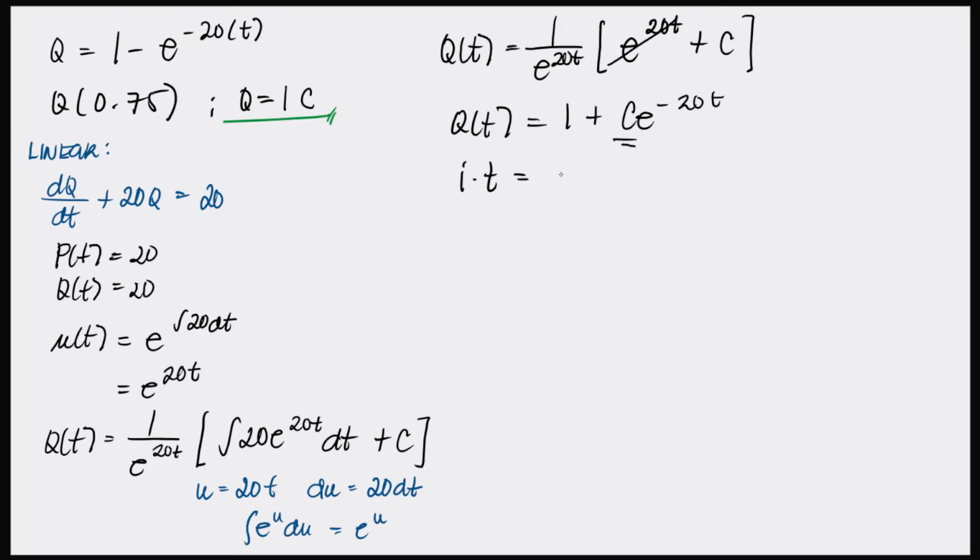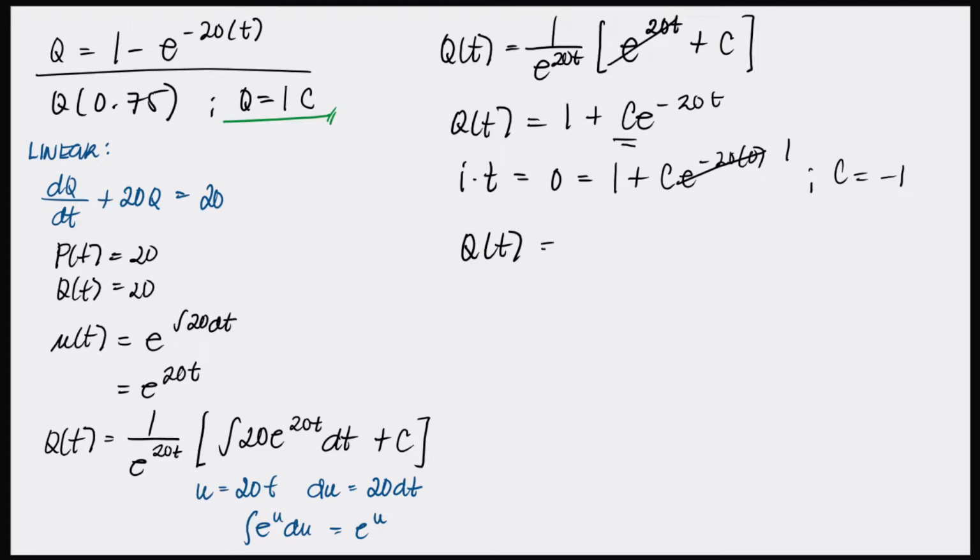So we have 0 is equal to 1 plus c e raised to negative 20 times 0. We know this is equivalent to 1, therefore c is equal to negative 1. So we have Q of t equal to 1 minus e raised to negative 20t.